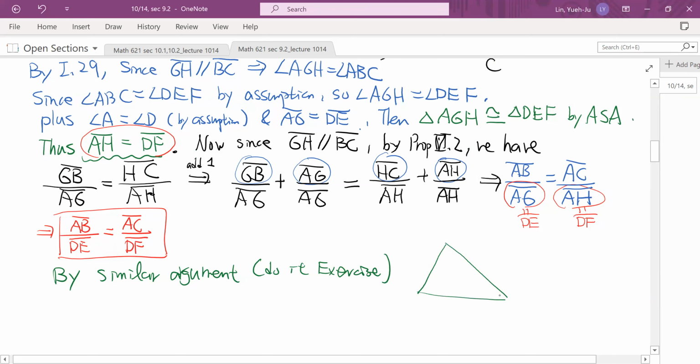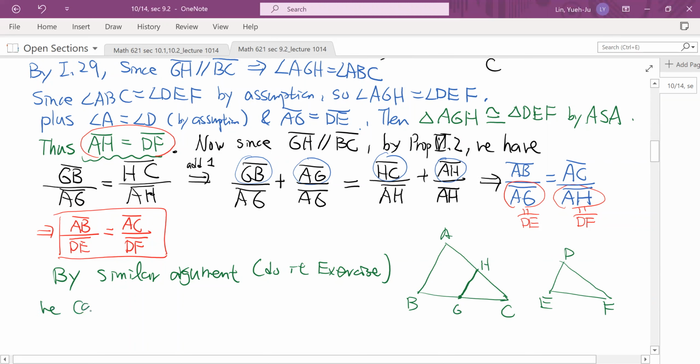What you want to do is essentially, now you have DEF, right, and ABC. So instead of drawing a horizontal parallel line, you draw a parallel line like this, right? And try to mimic the proof that you saw earlier.